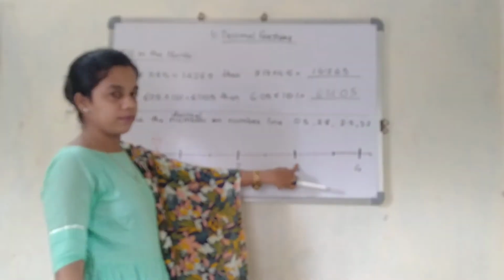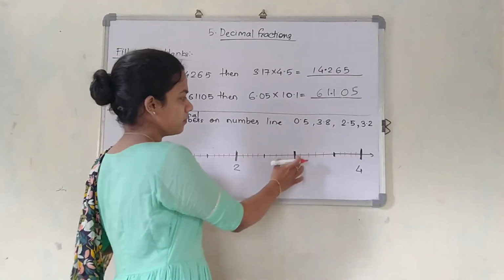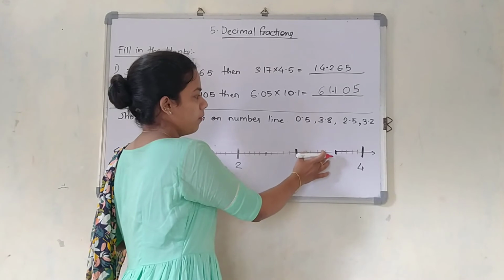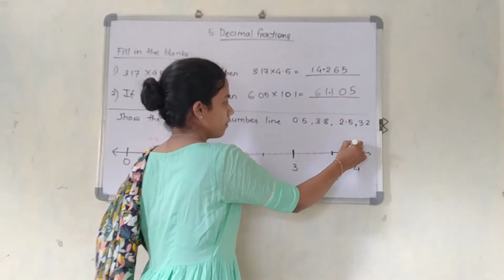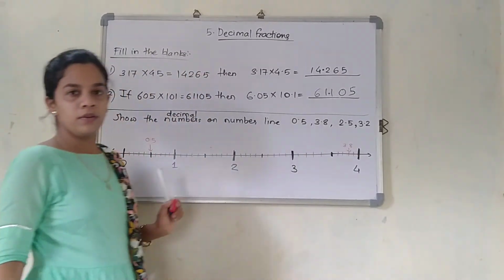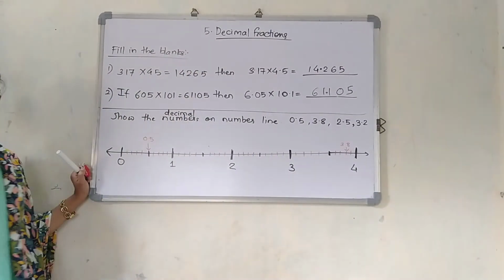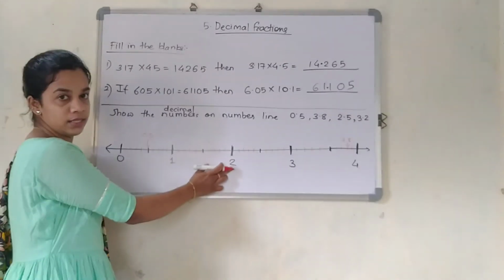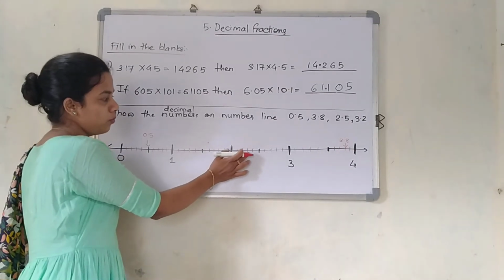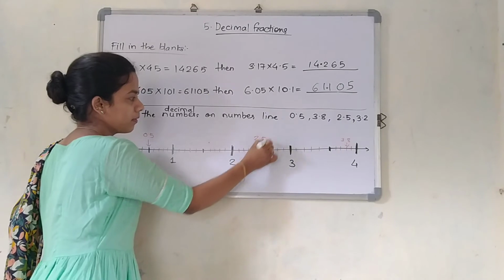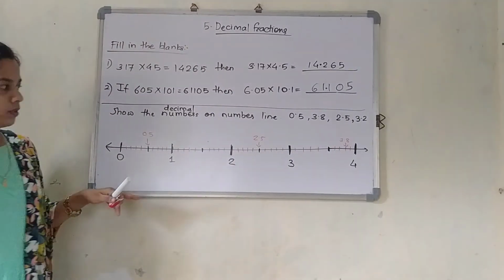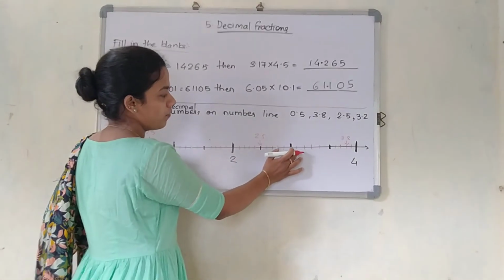So we will start from here. 3.8. 1, 2, 3, 4, 5, 6, 7, 8. So this is 3.8. Next is 2.5. See after 2, 2 is here. 2.1, 2.2, 2.3, 2.4, 2.5. And 3.2. 3, 3.1, 3.2.